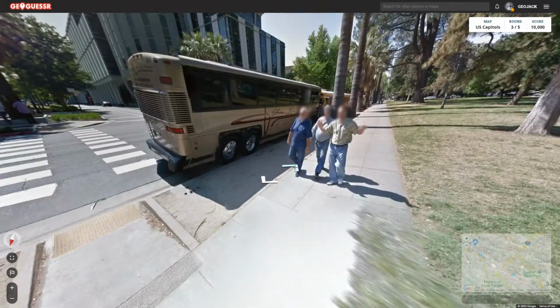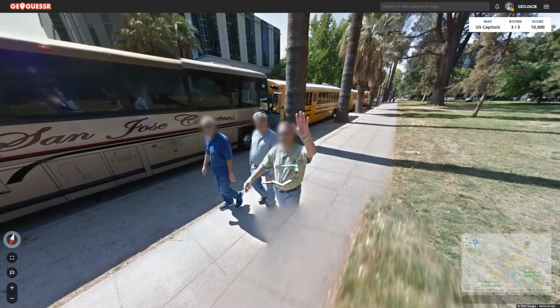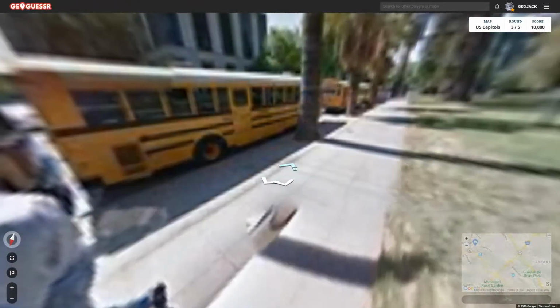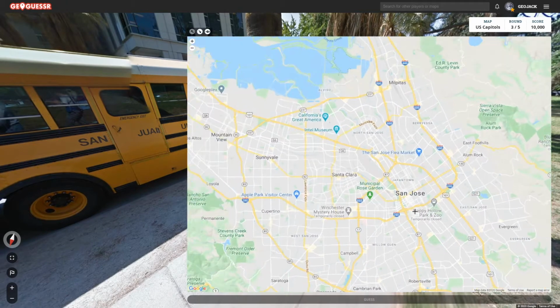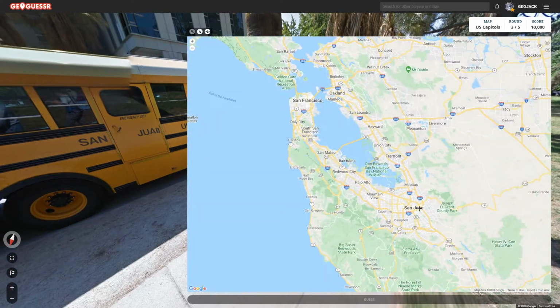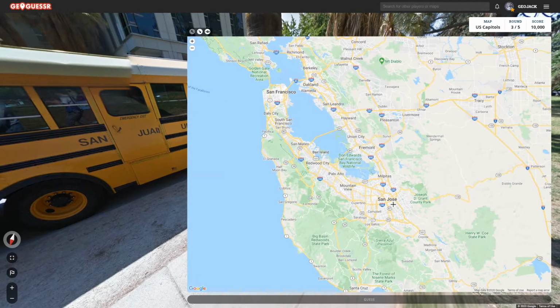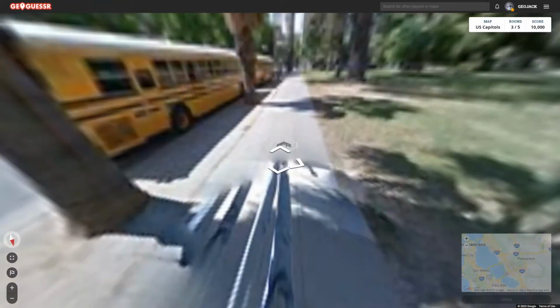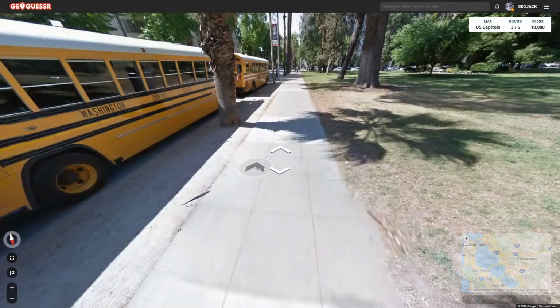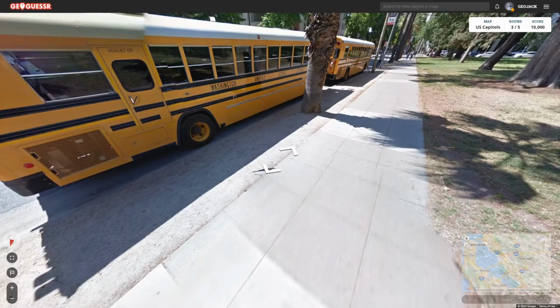There's just no Google van been on San Jose charters. So, oh, San Juan. San Juan near San Jose? Or are we just in completely the wrong place? Or is Juan and Jose the same thing? Washington Unified.